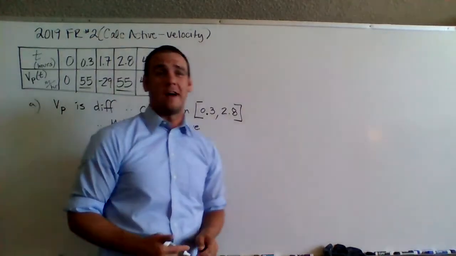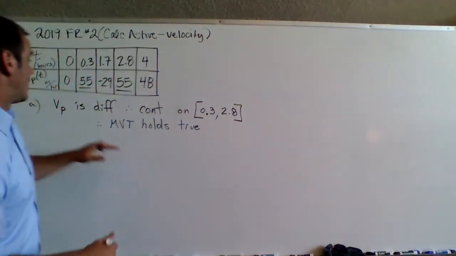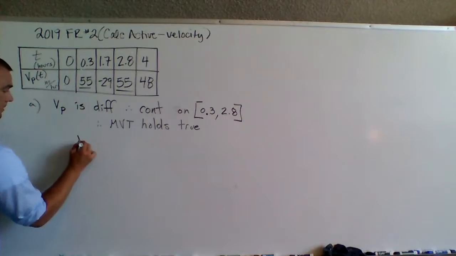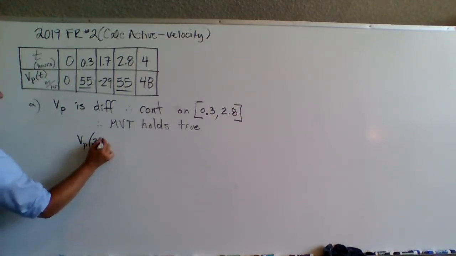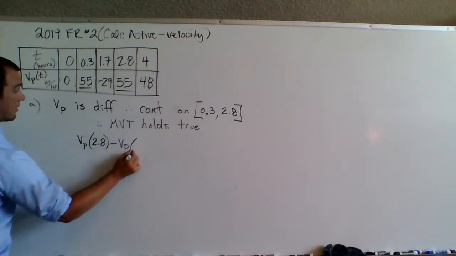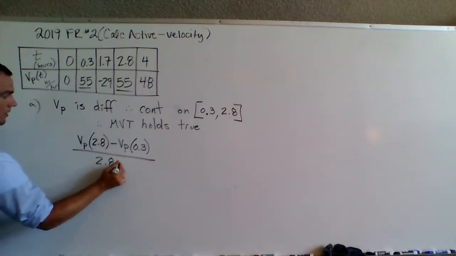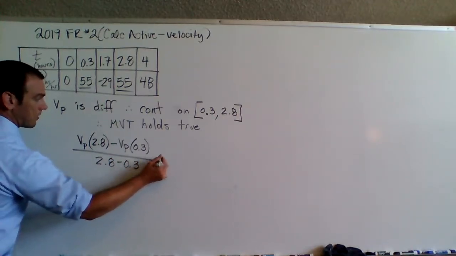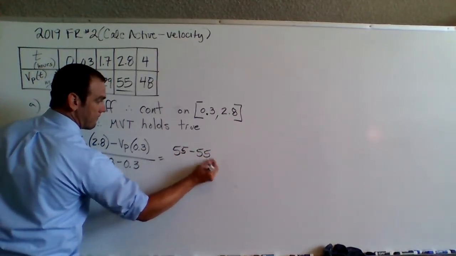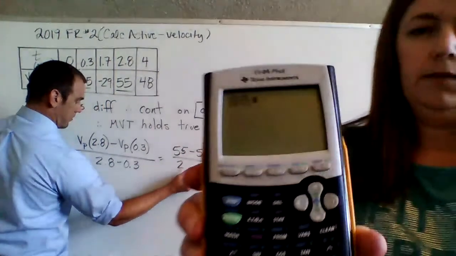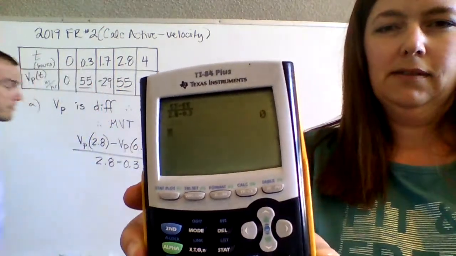So those are the two values I'm going to use to get my derivative to equal 0. So I'm going to show Vp of 2.8 minus Vp of 0.3, divided by 2.8 minus 0.3, which is really going to be 55 minus 55 divided by some number that I'm not even going to reduce, because I know that's going to equal 0.